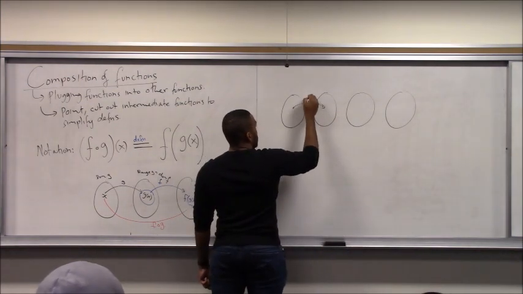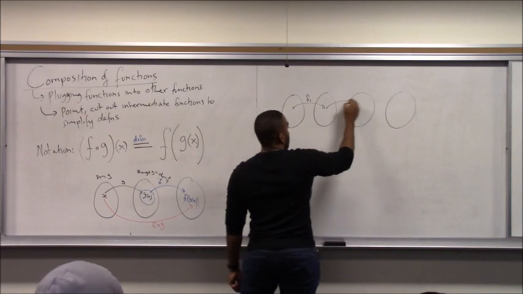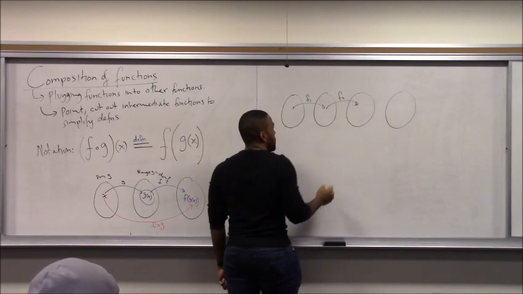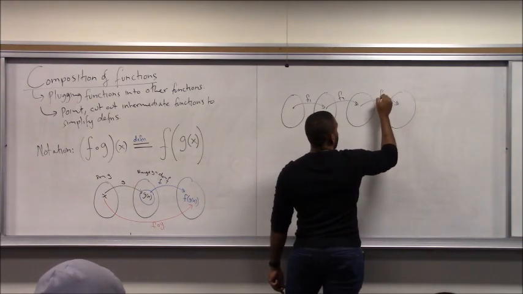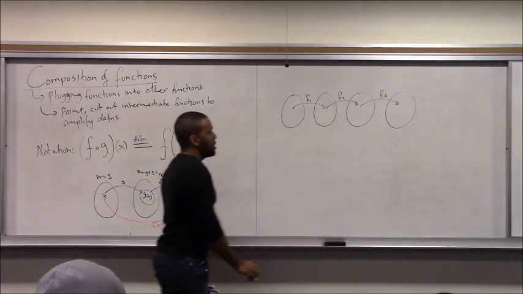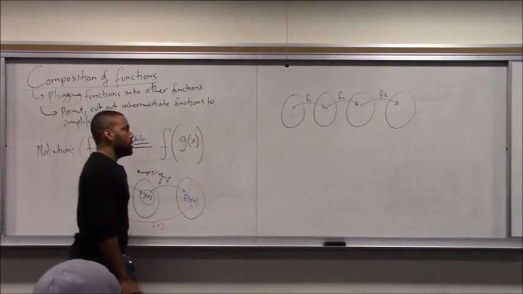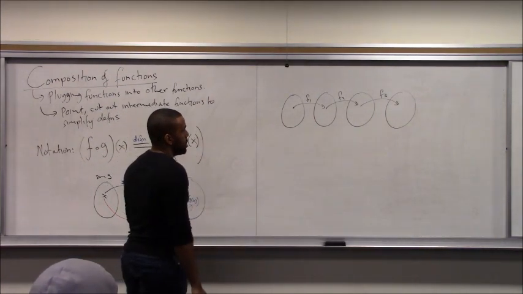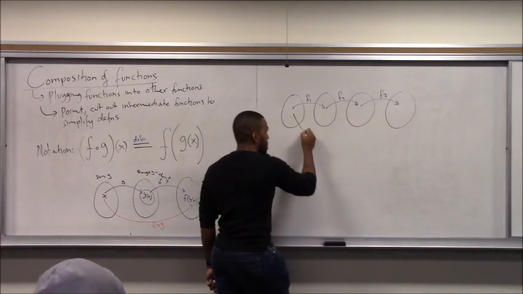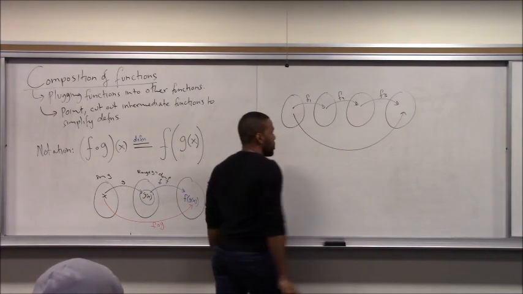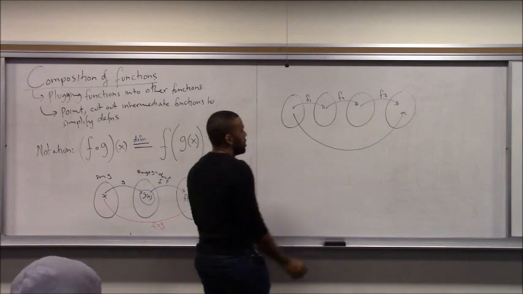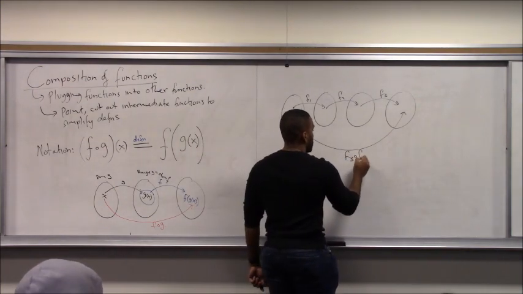One function does this, call that the first function. The next function takes that and does something else. The next function takes that and does something else. So you have these functions just passing the buck. If you want to simplify the process and talk about one big function to go all the way from the start to the end, well, that's just a composition function.